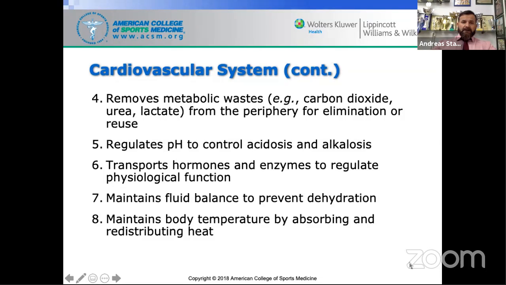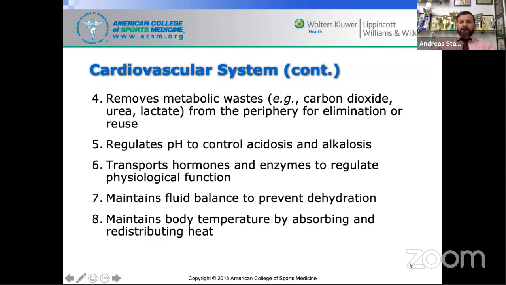Also, as you can see, the cardiovascular system regulates pH. If we have an excess of acid, below 7.35, we have acidosis. If we have an excess of base, above 7.45 in our pH, we have alkalosis.